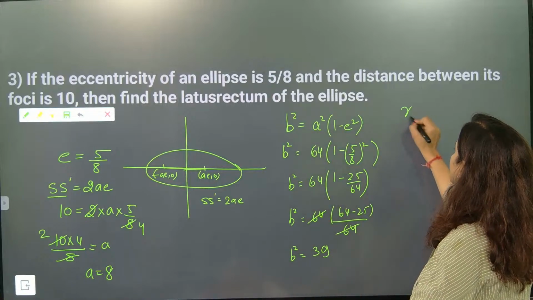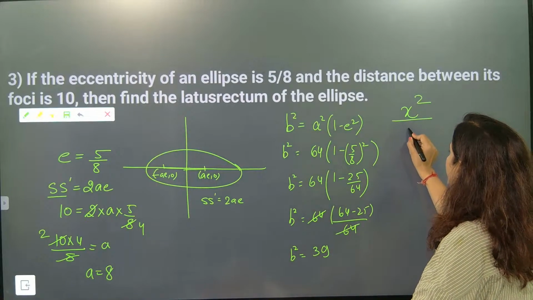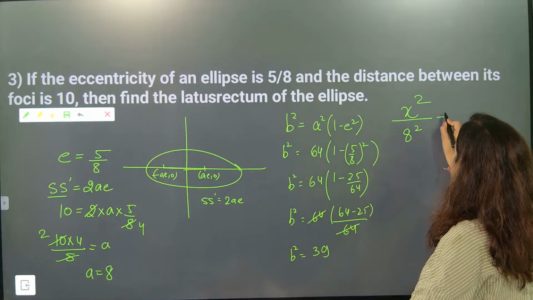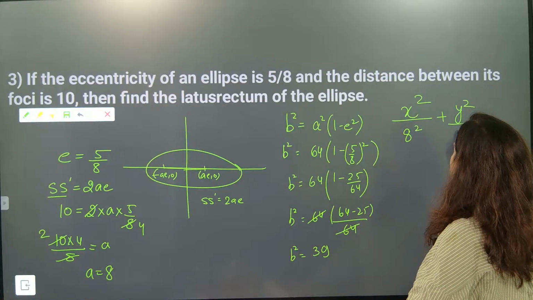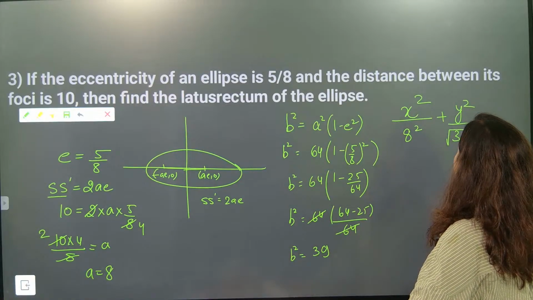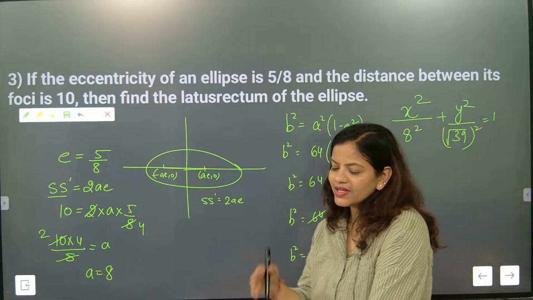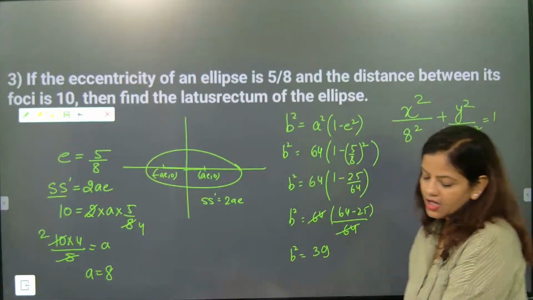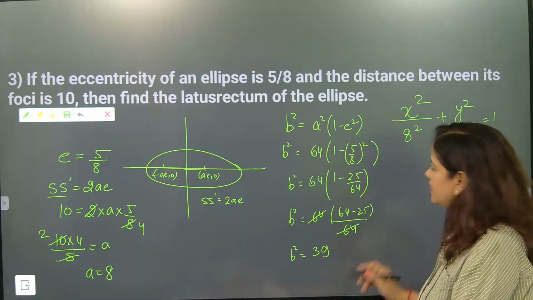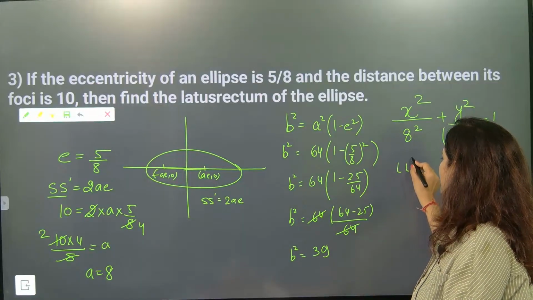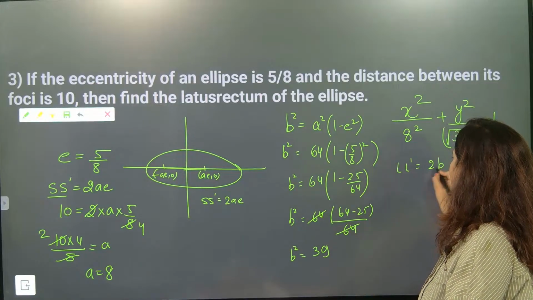So what can be the equation of the ellipse? The equation of the ellipse will become x square by 8 square plus y square by root 39 whole square equal to 1. And in that situation, what can be the latus rectum formula? The length of the latus rectum is given by the formula L equals 2b square by a.